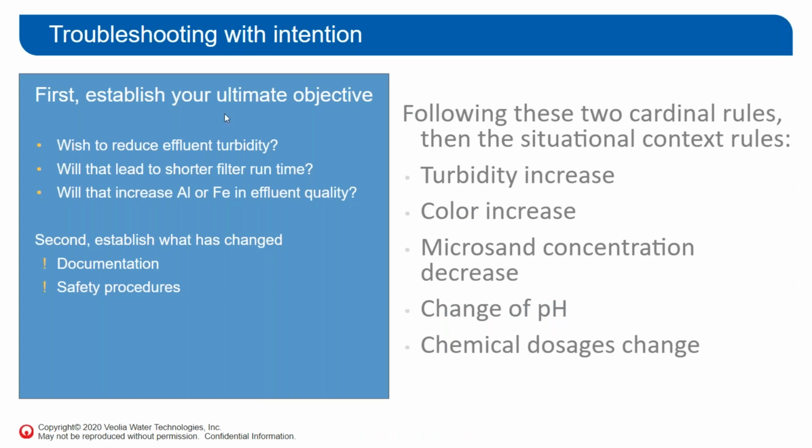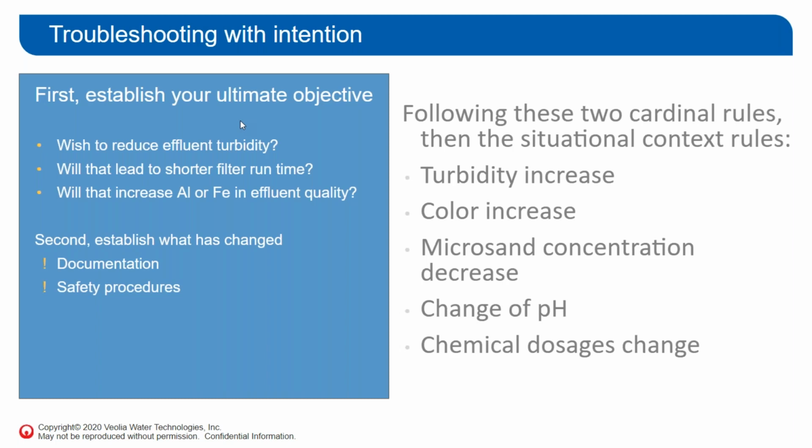But keeping sight of your ultimate objective is paramount, because it can be very satisfying to see your turbidity or your color decrease with a nice slug increase of chemical, namely polymer. It's fun to see that happen, but what is happening downstream?